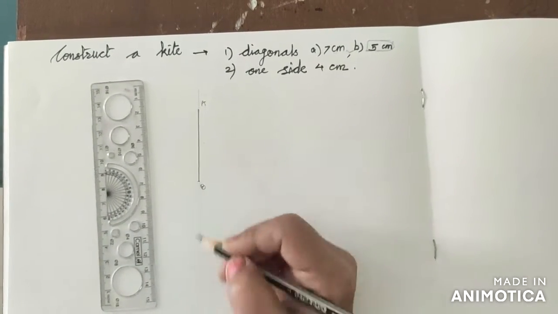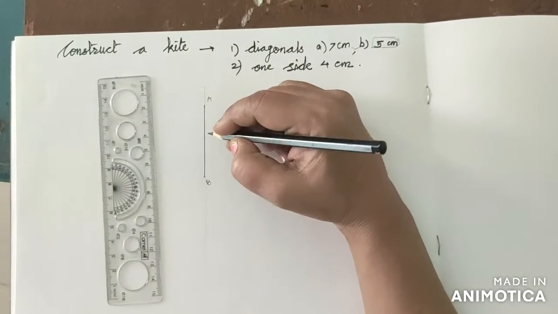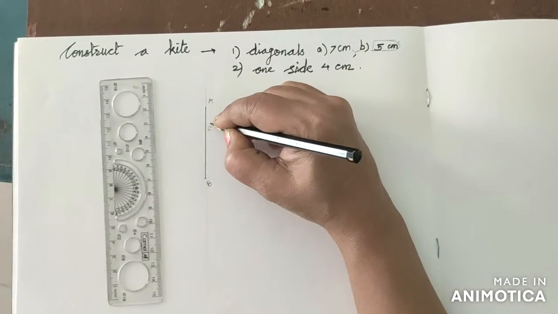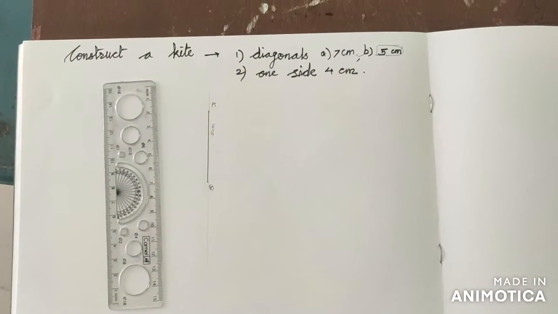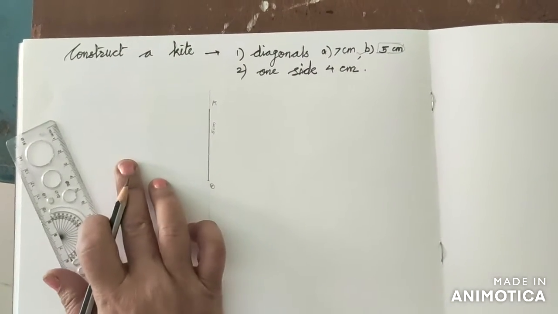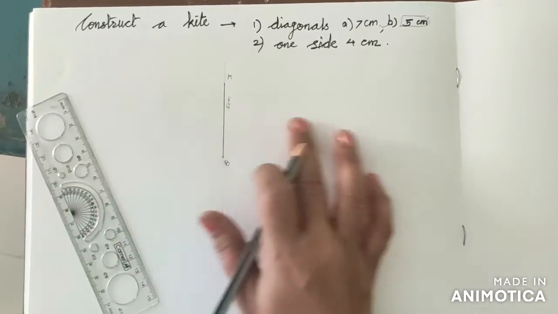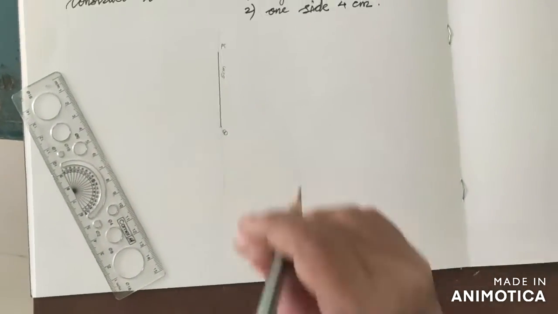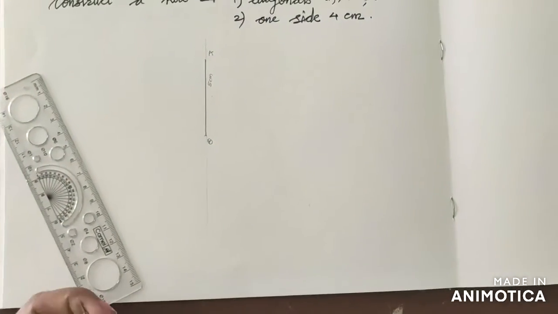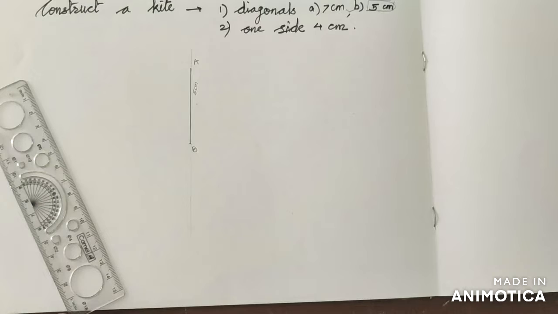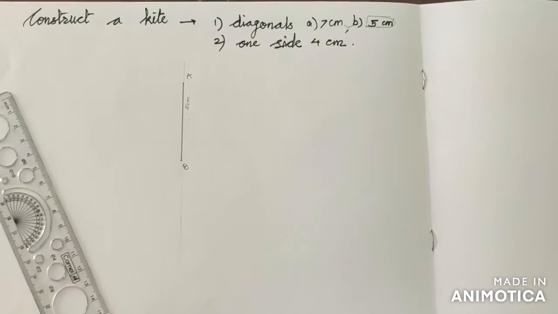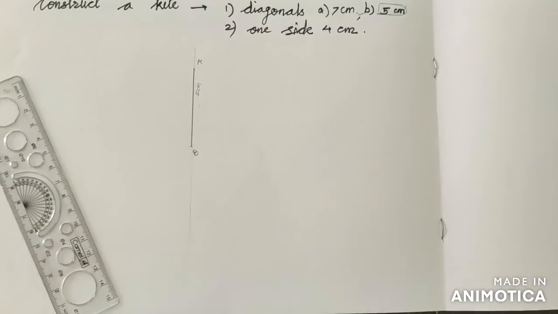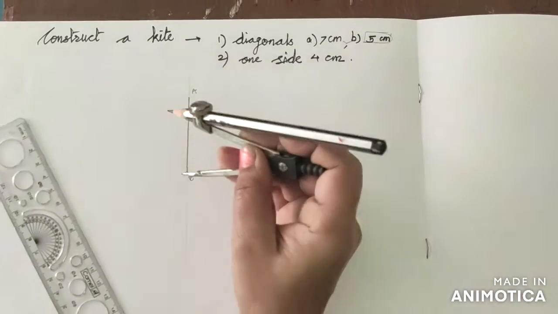AB, it is 5 centimeter in length, the first diagonal. And now obviously the second diagonal crosses this line. For that, we have to draw a bisector here, or we can call it a perpendicular.